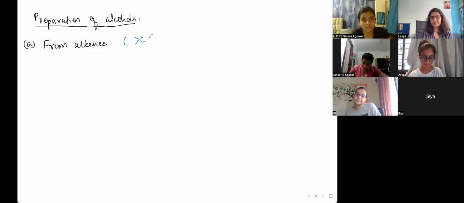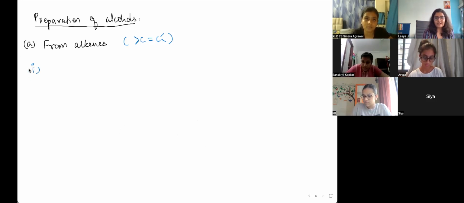So we have C double bond C. So इससे if we want to get alcohol, we need to remove the double bond and add OH on one of them, right? So first one, direct addition reaction, is acid catalyzed hydration.